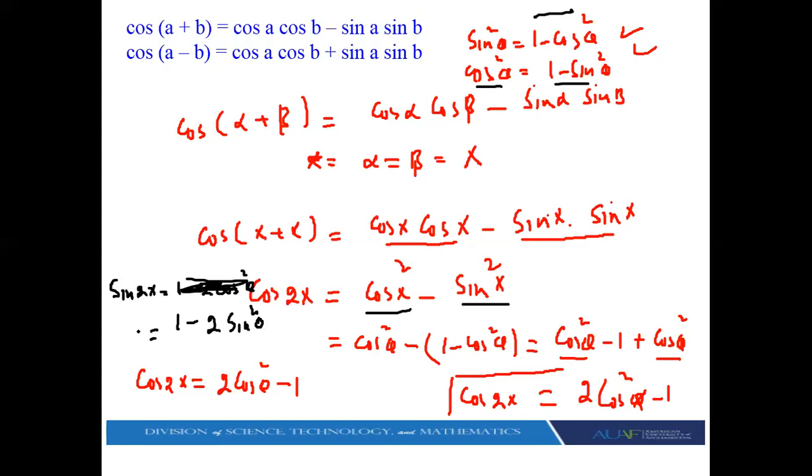So these are called double angle formulas because we have cosine 2x or sine 2x. Clear? And I think that's enough for today.